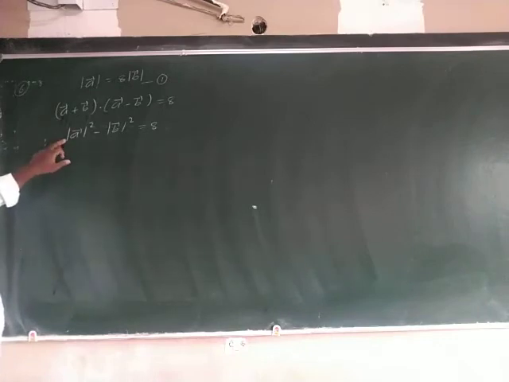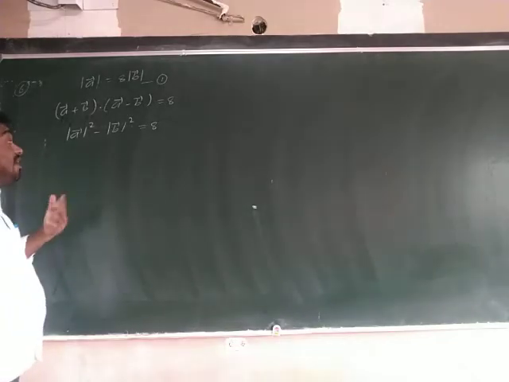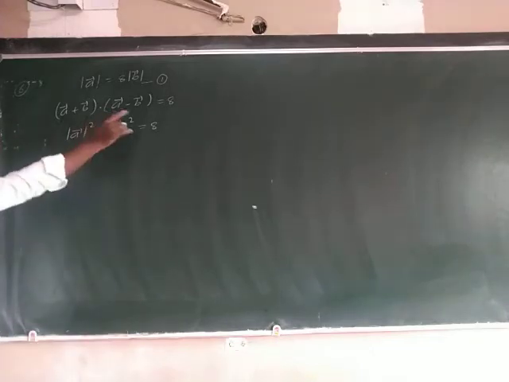So how will we write this one? A plus B into A minus B is A square minus B square. Vector A square is nothing but the magnitude of A square only. So you substitute now.